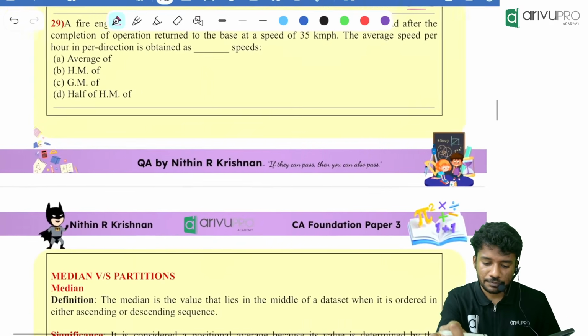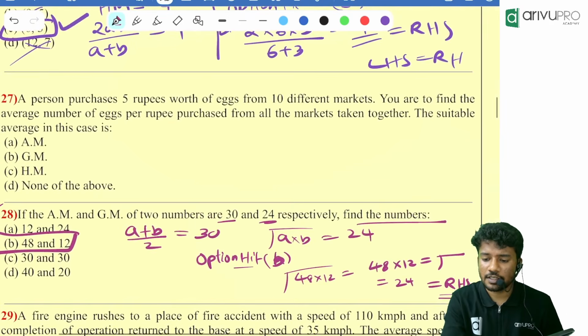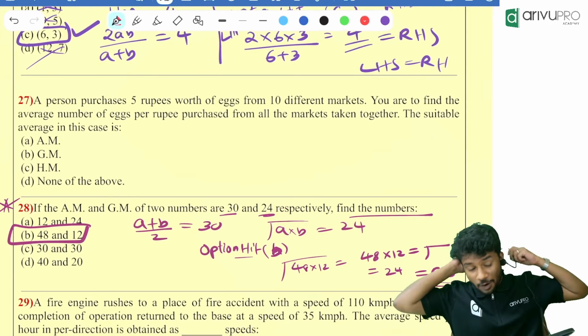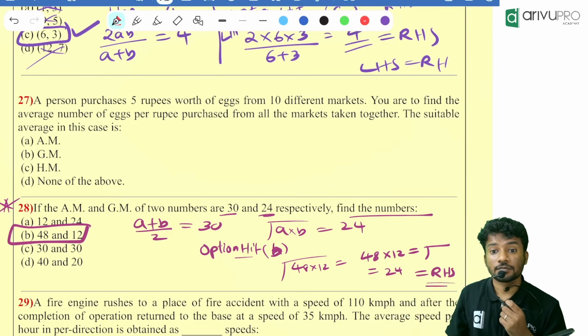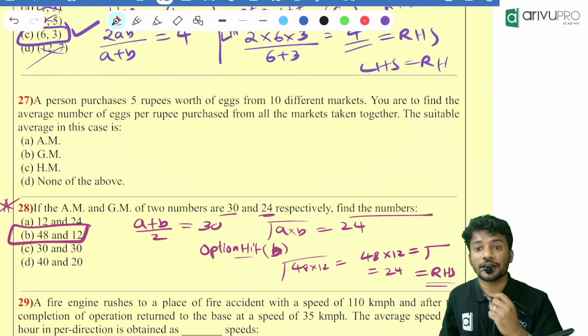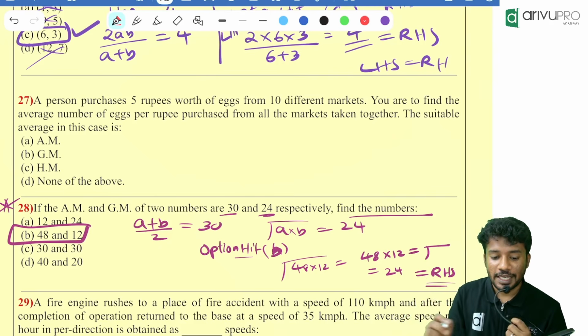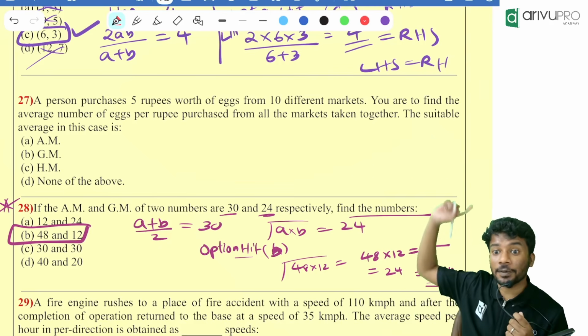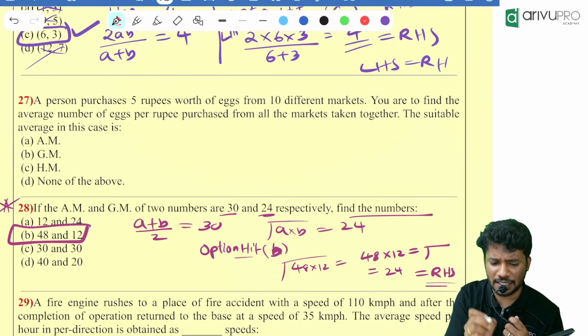Then, people, this question, can anyone tell me the answer? Why harmonic mean? Because rate of change is involved. Kilogram per rupees, orange per rupees, X per rupees, I told you that. But let us read.